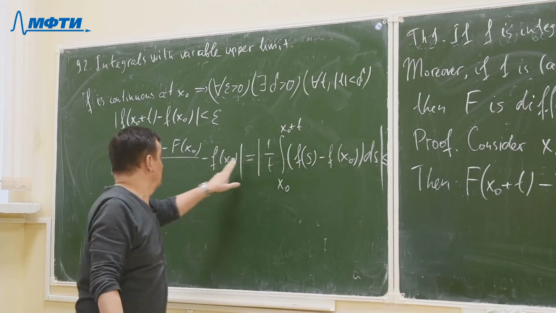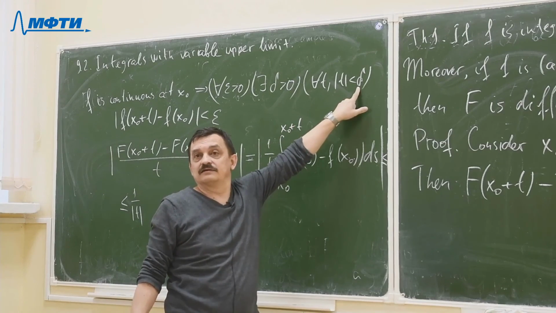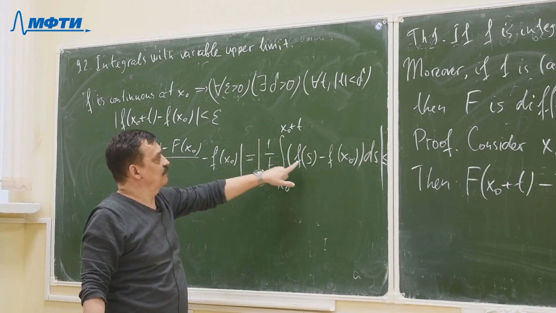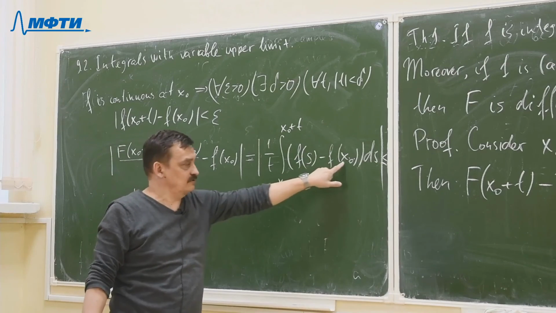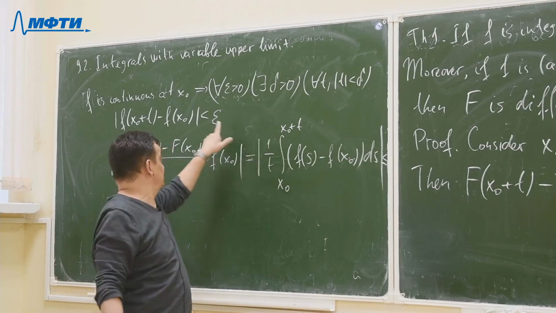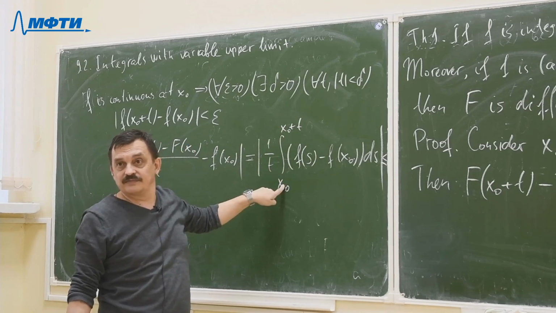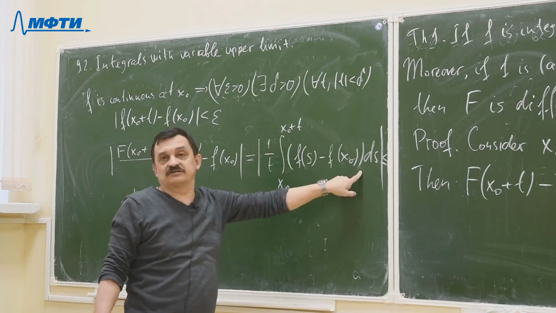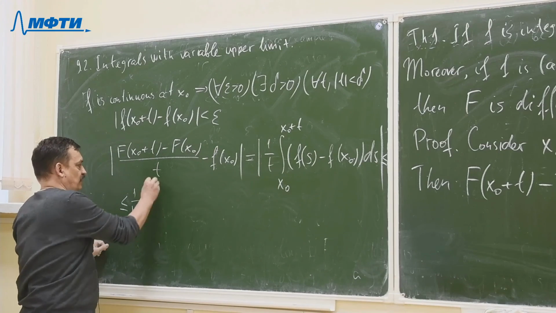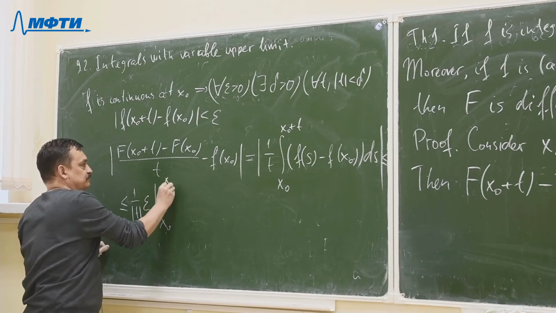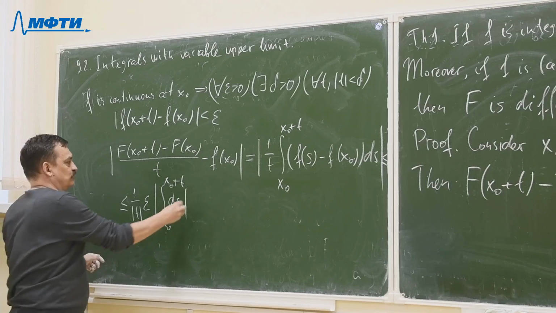Look, if modulo t is less than delta, right, then here the difference between s and x naught is also less than delta, right? Because s is on that interval. So the function under the integral is less than epsilon. So I can put epsilon outside and have then the integral ds, which is precisely modulo t, so that is epsilon.